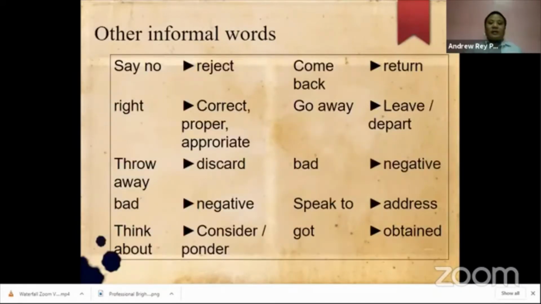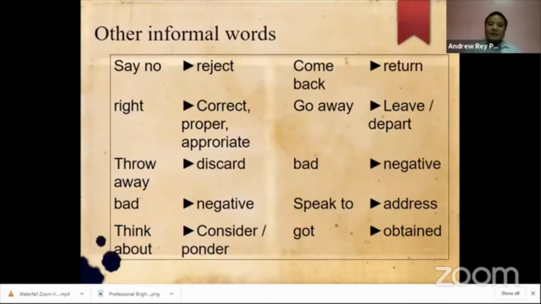Okay, here are other informal words. Say no. So you reject. You use reject instead of say no. Instead of saying right, you say correct, proper, or appropriate. Instead of saying throw away, you use the word discard. Instead of using bad, you use the word negative. Instead of using think about, you use the word consider or ponder.